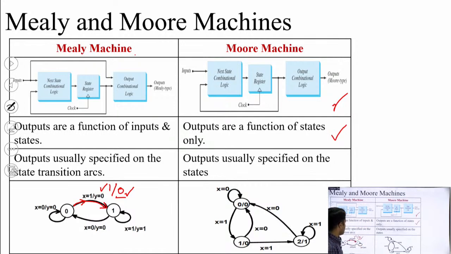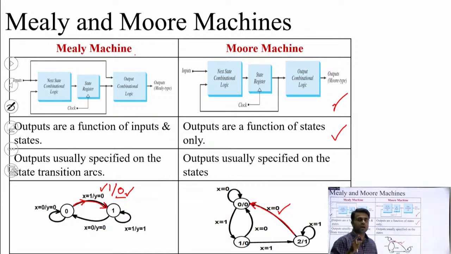But in case of a Moore machine, the output is independent of the input. So we can see that these state transition arcs do not have values in terms of x slash y. There is only a single binary value in a Moore machine, x equal to 0, x equal to 1.